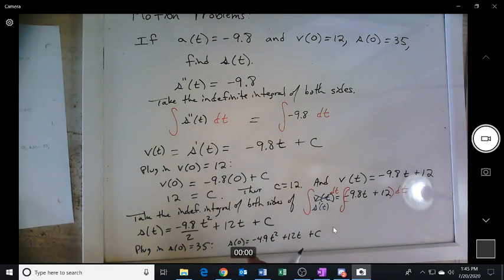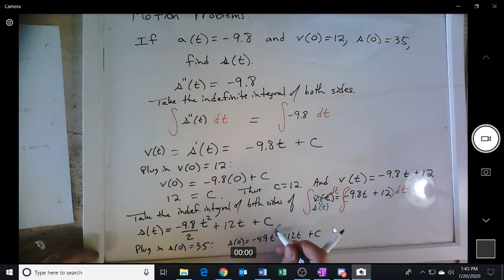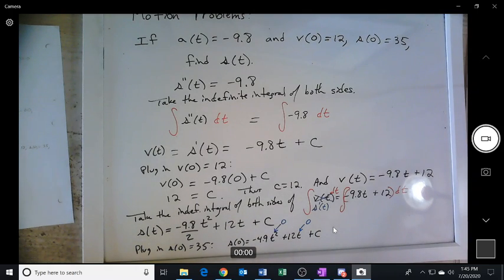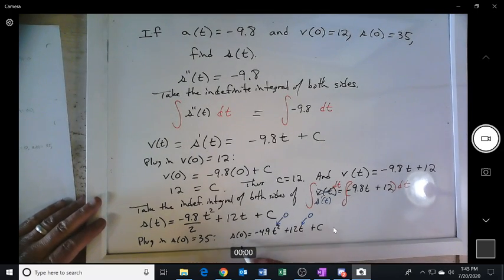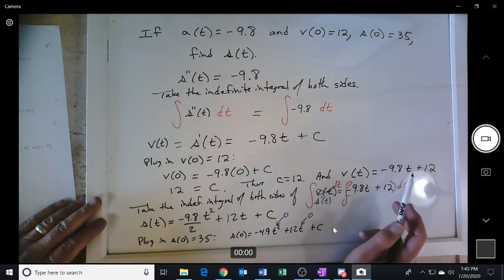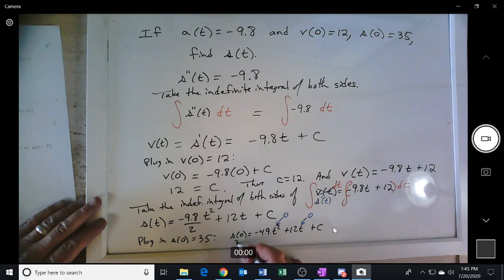But these t's are now zeros. So this tells me that S of 0, but S of 0 is 35. Everything except c zeroes out, so c is 35.